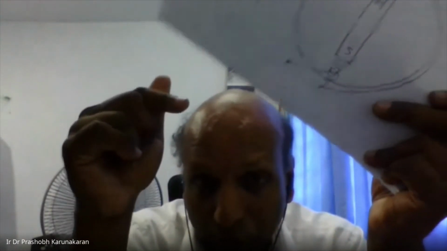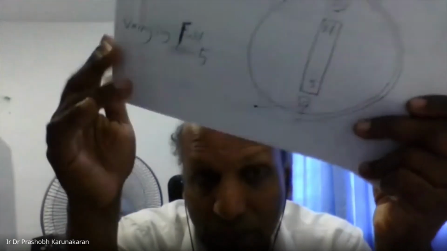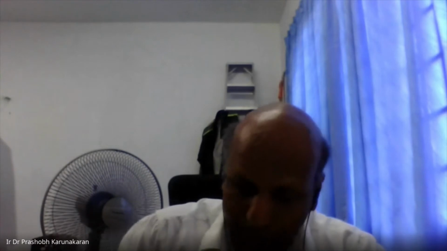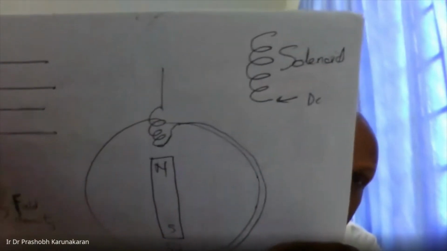A coil with current going inside will behave exactly like a magnet. A coil with current going inside is called a solenoid.